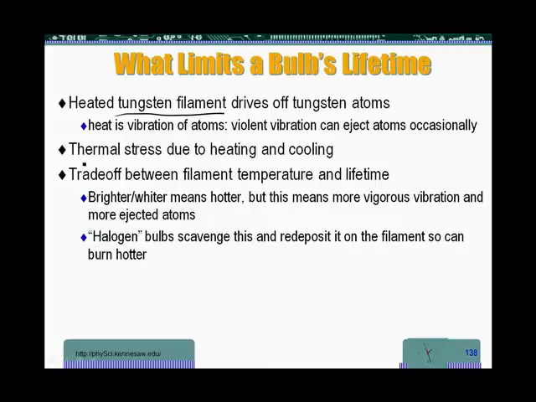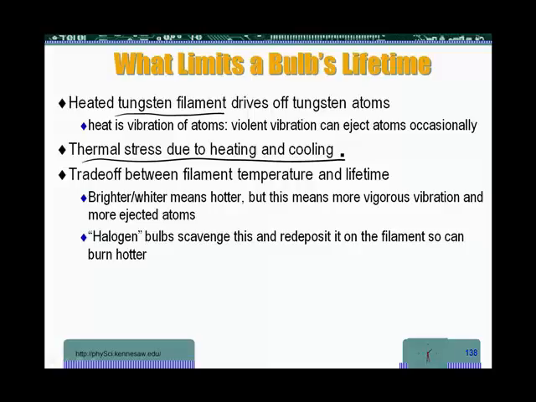Another factor that is as important is the thermal stress due to heating and cooling. Whenever you keep on changing the temperature of a light bulb, we have big changes in temperature over a short time. If we have lots of them, then the stress due to the rapid changes in temperature is going to result in breaking the filament.